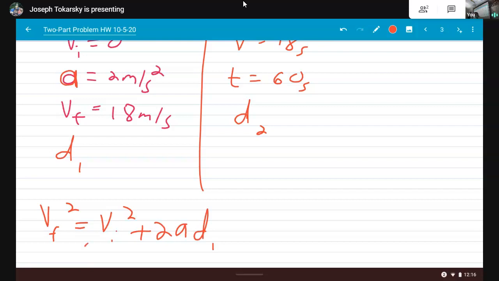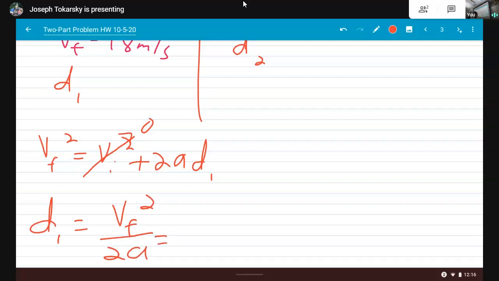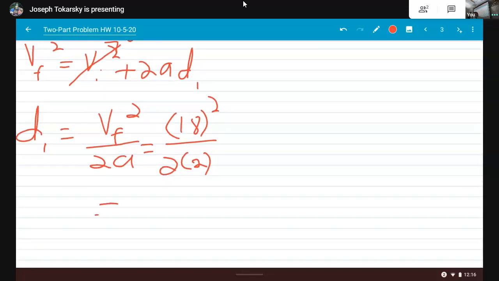And VI is 0, so I'm just going to get rid of that right away. If I solve this for D with that gone, we just divide by 2A each side. That would be VF squared over 2A. Pop in the numbers, and that's going to be 18 squared divided by 2 times 2 for the acceleration. Run those. 18 squared divided by 4.